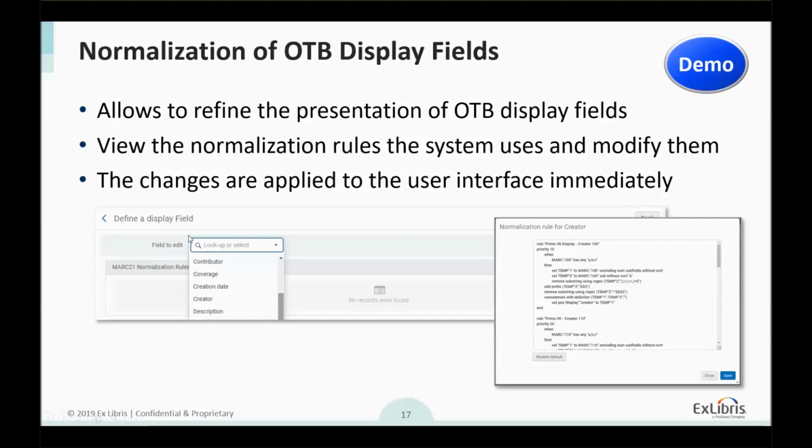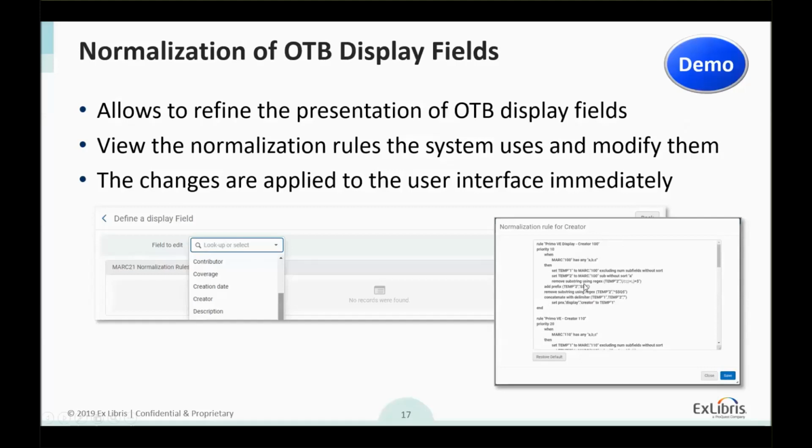So by this option, there is an option in the define display field to select from a list the field to edit, one of our out-of-the-box display fields, and then you can see the normalization rules that the system uses.